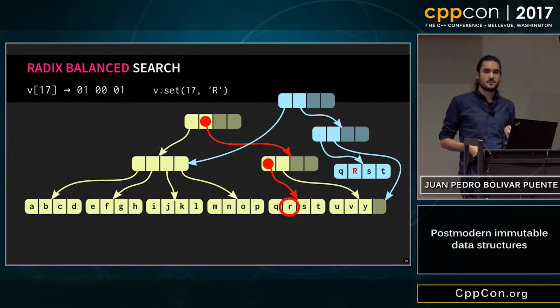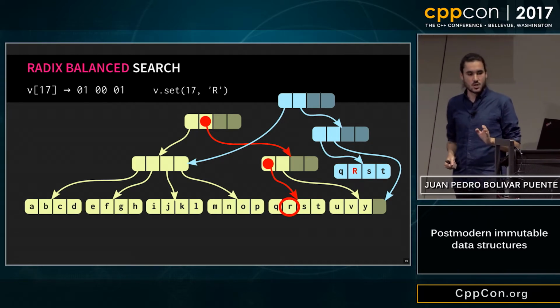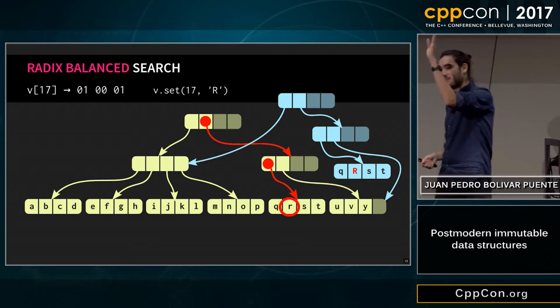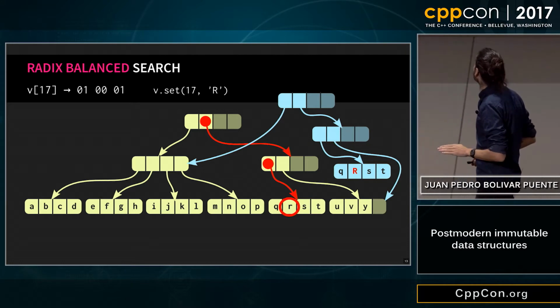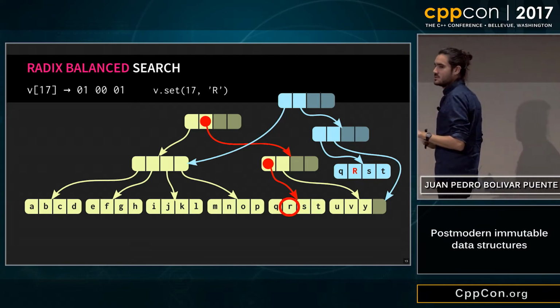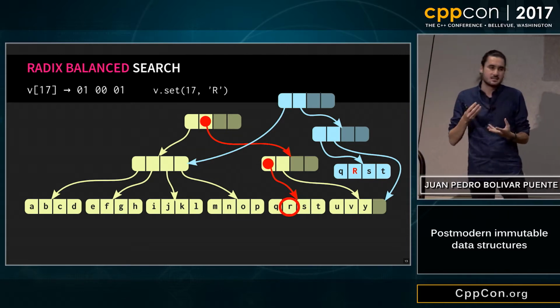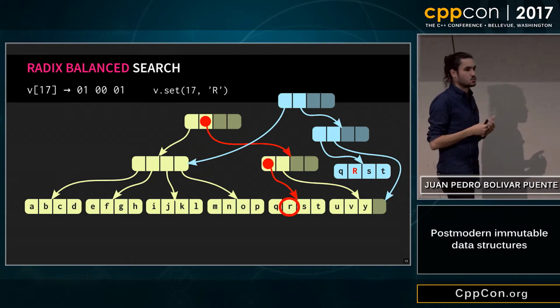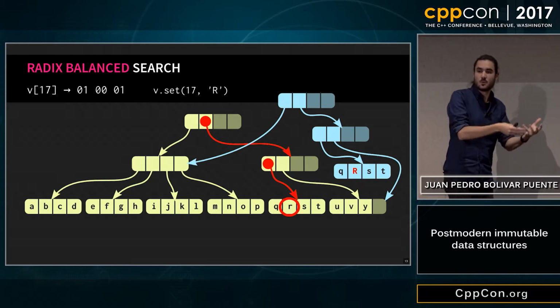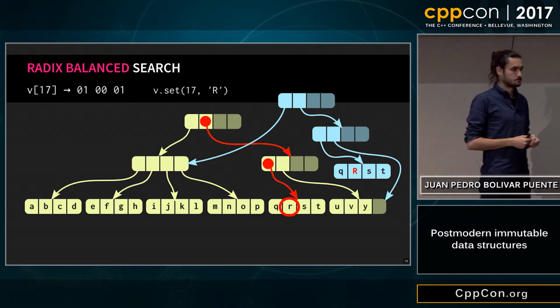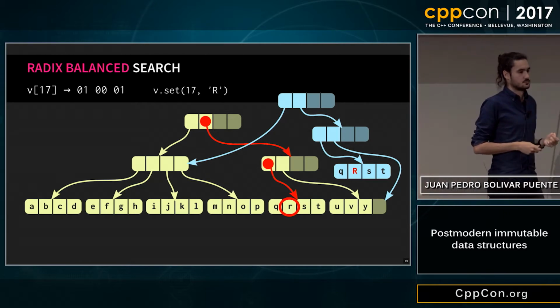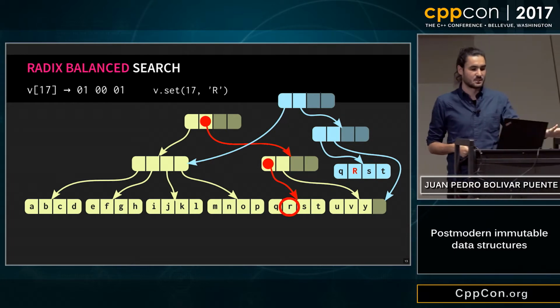We do this recursively until we get to the root. So we actually had to copy one path down to the root to our element, but everything else in the data structure is shared, right? This is how we achieve this balance, in this case, between trying not to copy too much data. We had to copy some data, but still getting nice update performance.